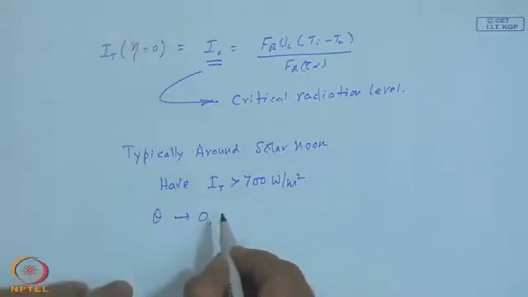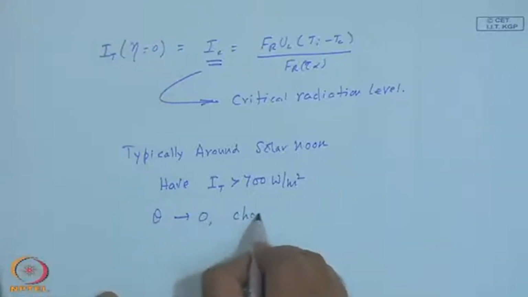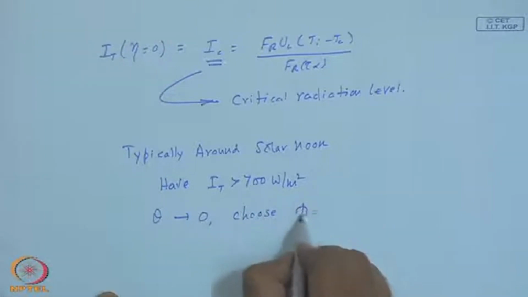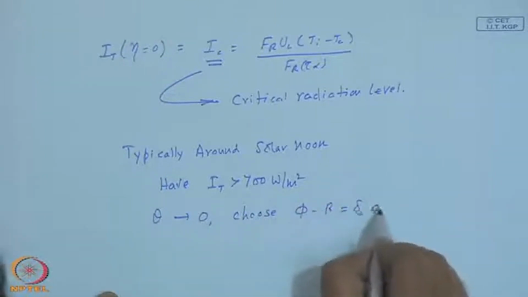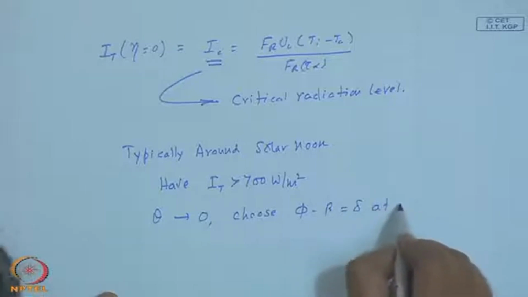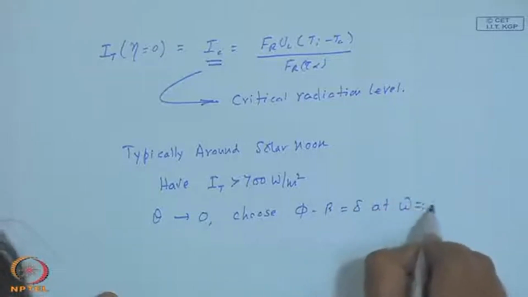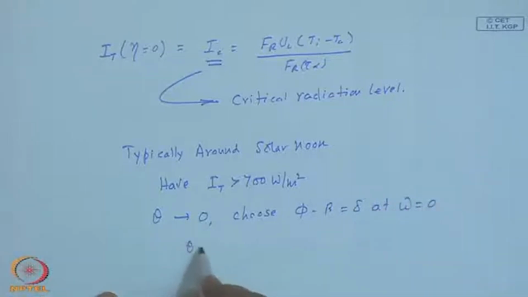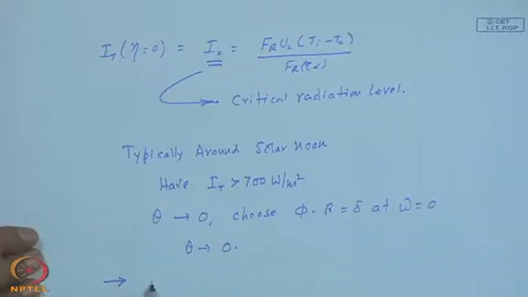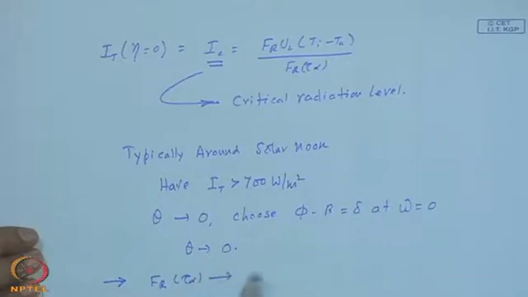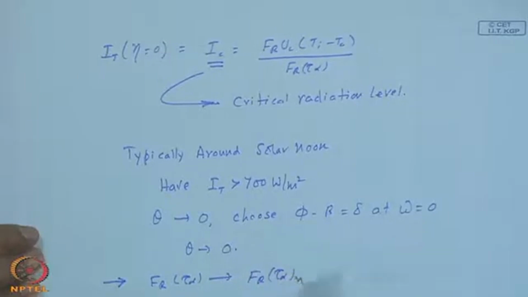That means, if you choose for example, phi minus beta equal to delta at omega equal to 0, then theta is 0. This will ensure that F_R tau alpha will give you F_R tau alpha normal.